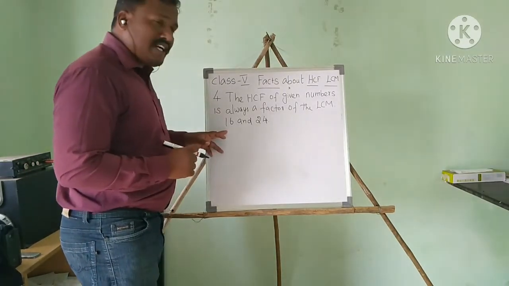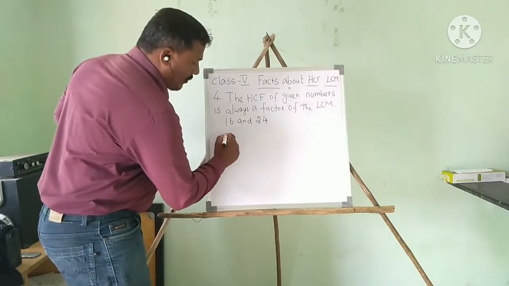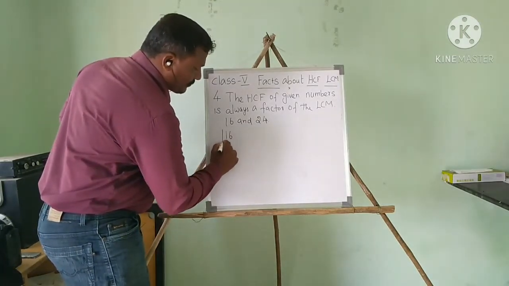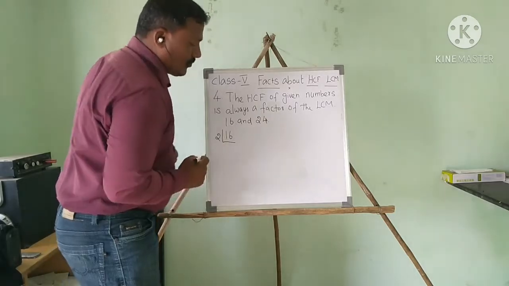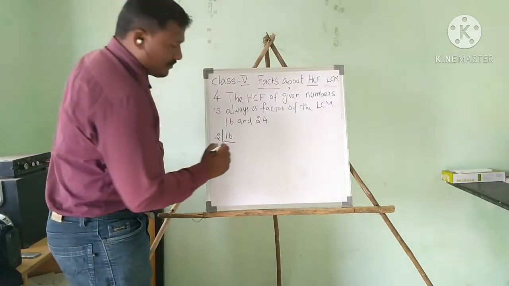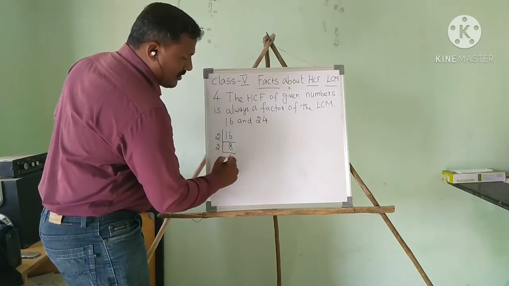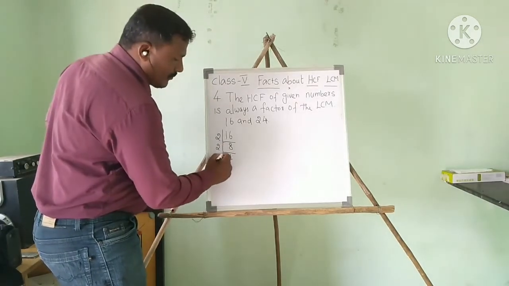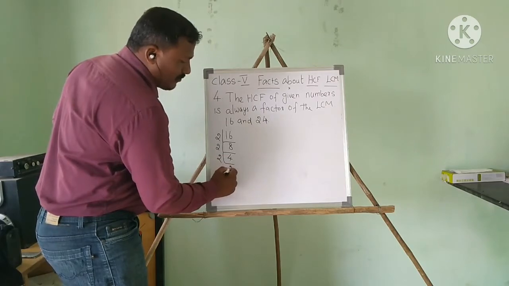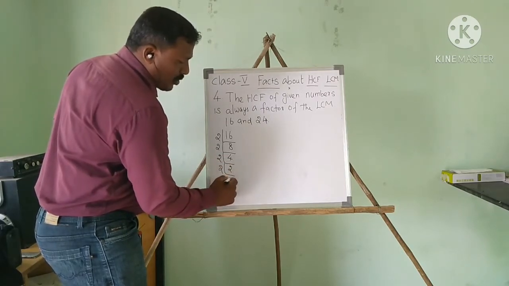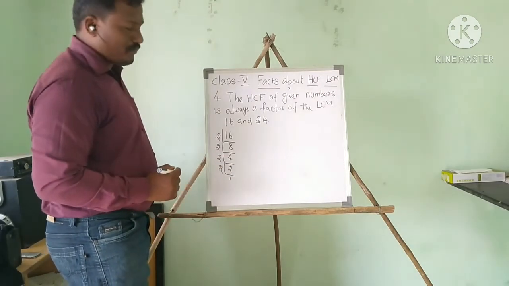So first I will find out the factors of 16. 8 2s are 16, 4 2s are 8, 2 2s are 4, 1 2 is 2.